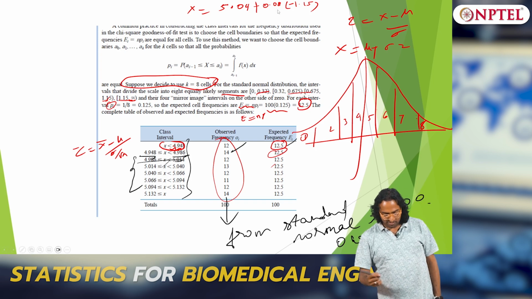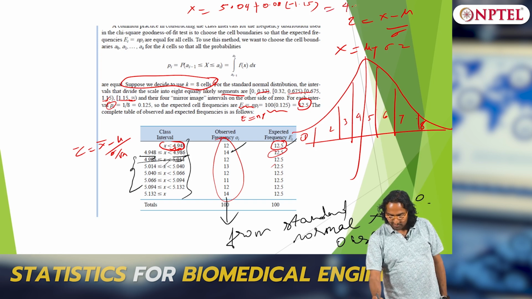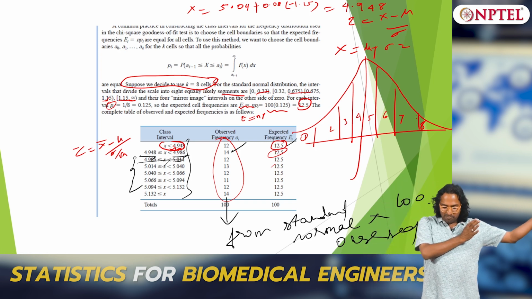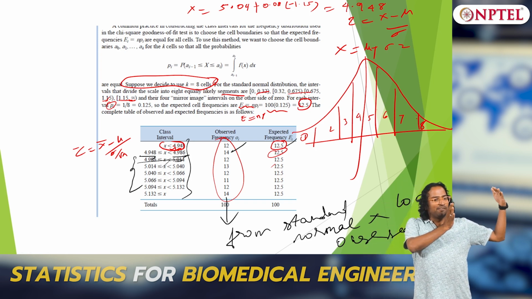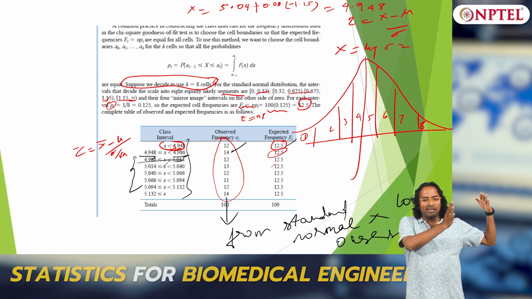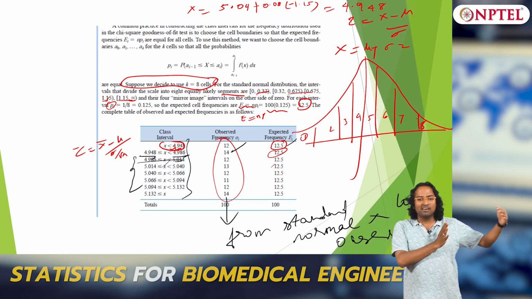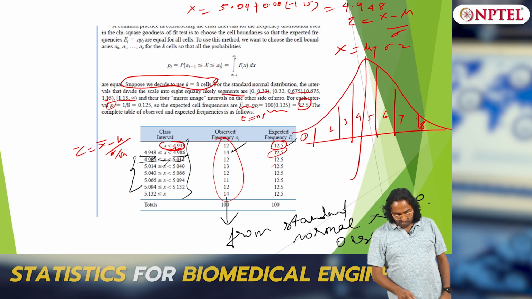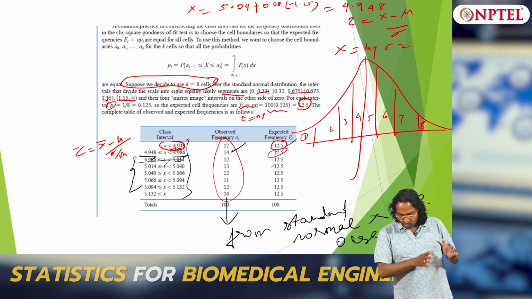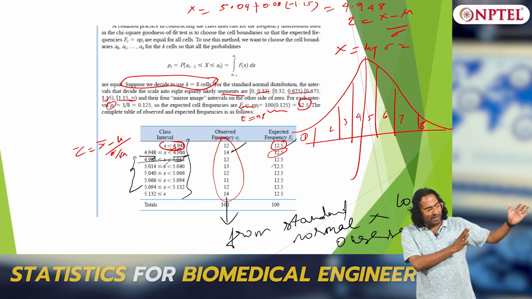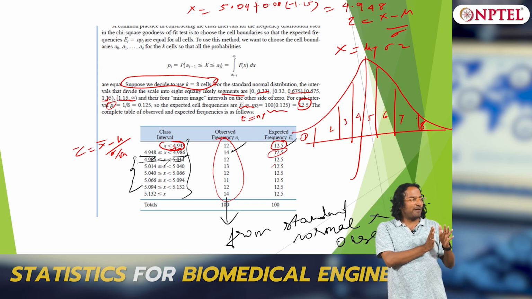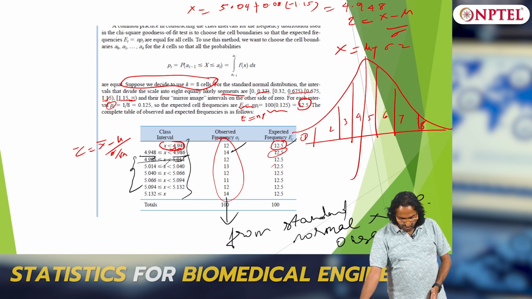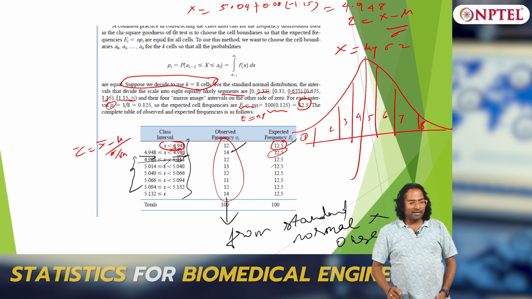This is what we have, that is the starting point, 4.948. So the region from minus infinity to minus 1.15 is nothing but x less than 4.948. And the region between minus 1.15 and minus 0.675, substitute the values, you will get the same. That will be between 4.948 and 4.986.